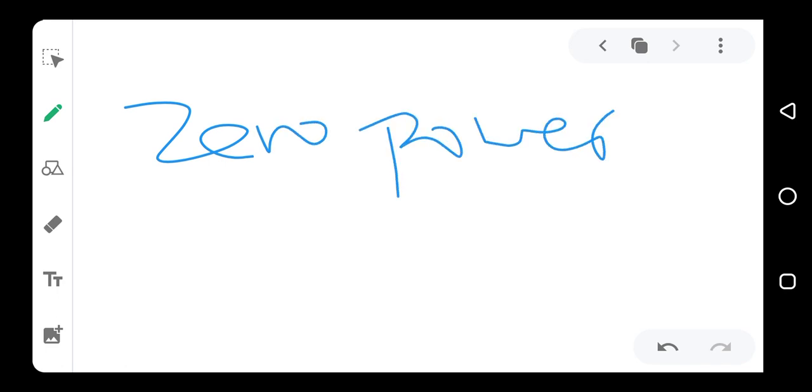Okay, with that, we now move to 0 index, 0 power. This one is simple. Whenever we see anything raised to power 0, that thing is going to be 1.